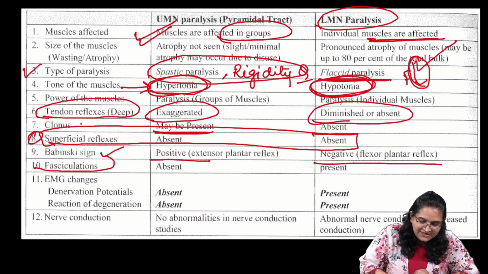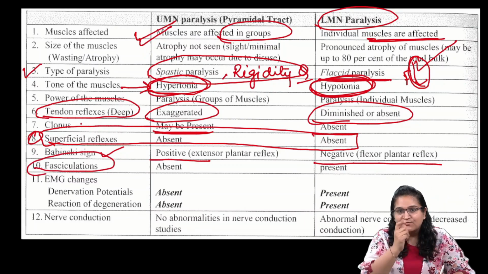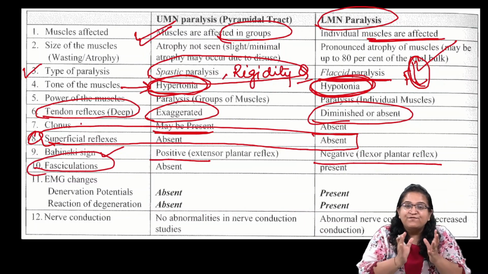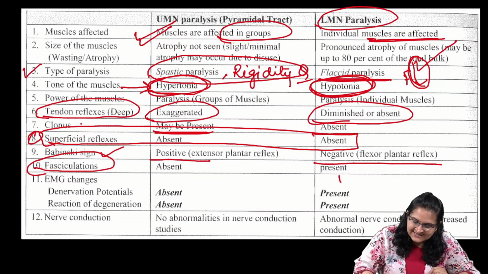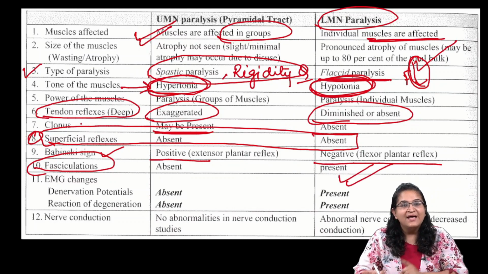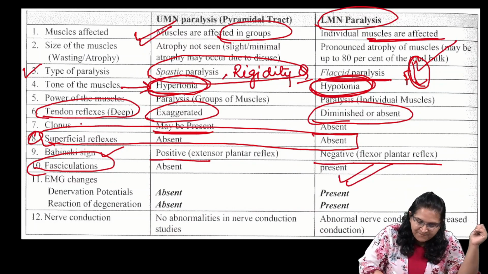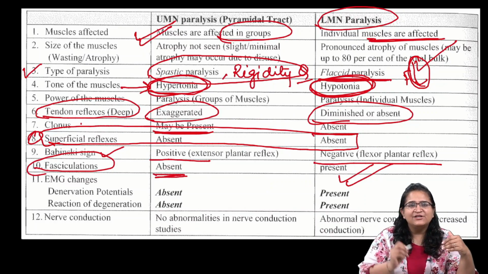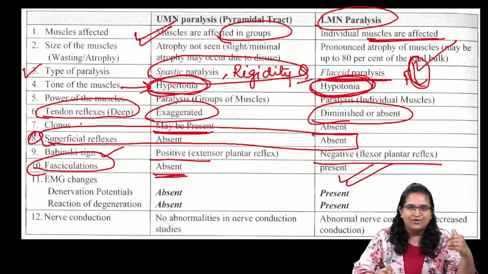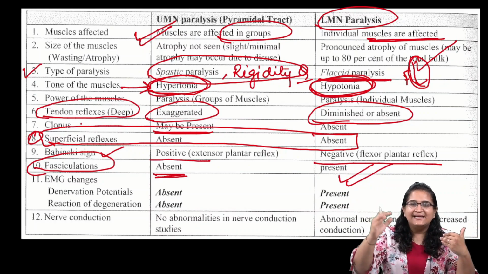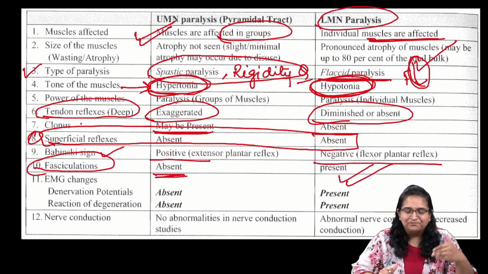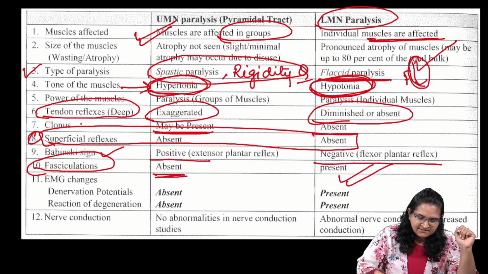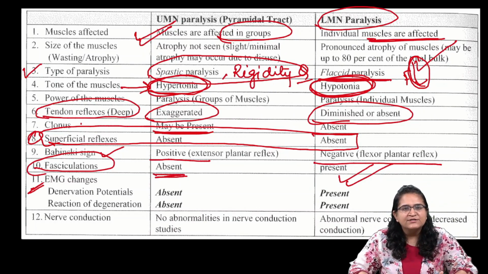Now, fasciculation, obviously when one muscle is involved, we'll have fasciculations. So, fasciculations are present in the lower motor neuron, but they are absent in the upper motor neuron. Again, I have learnt it like fasciculation, L is coming, so lower motor neuron, right? Flaccid paralysis, L is coming, so lower motor neuron. Next, the 11th point is not that important, but we should do it.